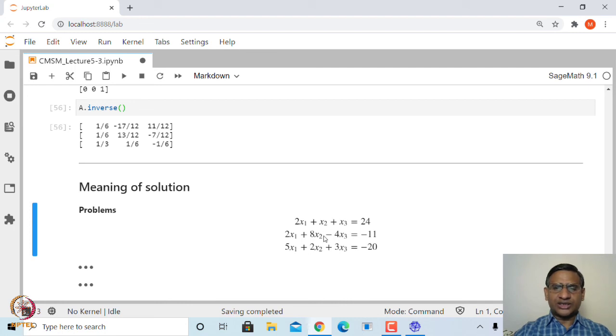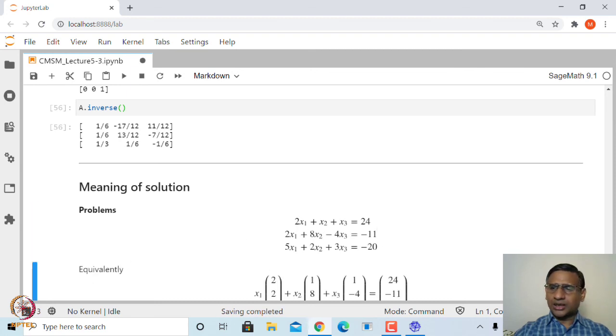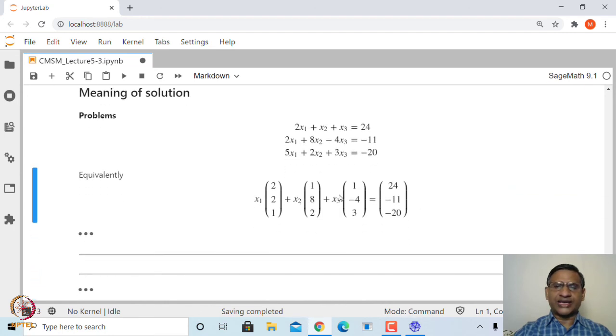This set of linear equations you can also write as A times x1, x2, x3 is equal to B. So, I can write the same equations as x1 times the first column of A plus x2 times the second column of A plus x3 times the third column of A is nothing but B.